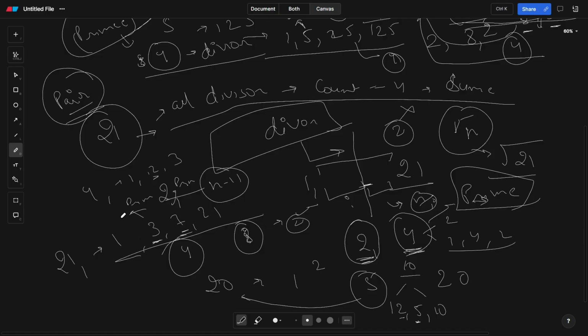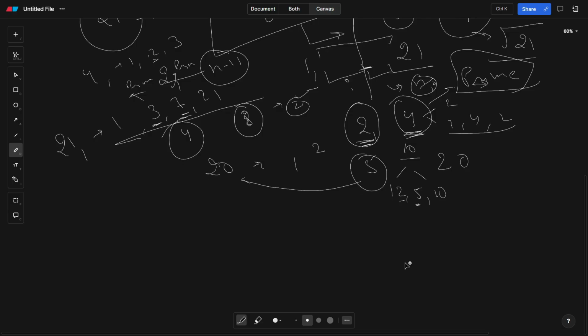You can do it for anything. Let's just do it for 6, a small number. 1 and 6. Now the first divisor is 2, and 6 divided by 2 is 3. Both are prime numbers, so there cannot exist more than 4 divisors.